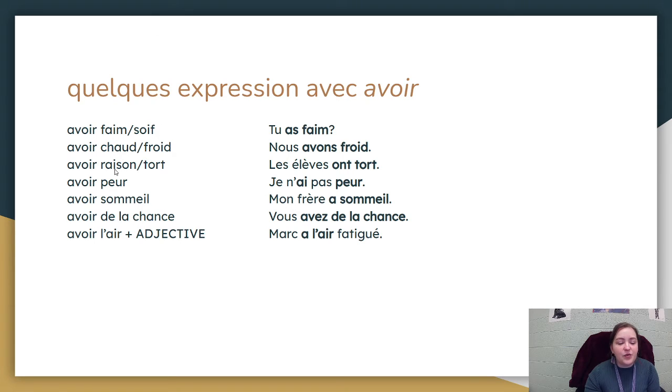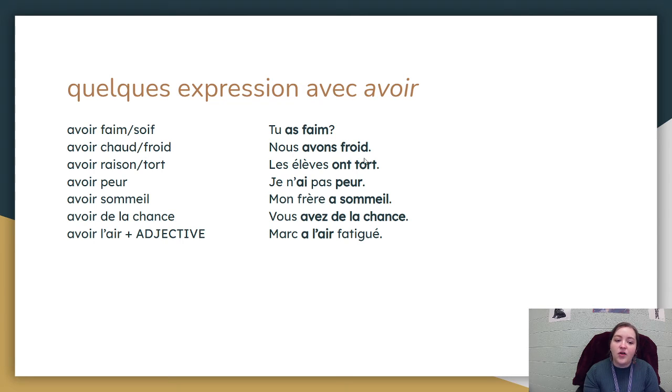Kind of looks like the word reason, right? To have reason. And then avoir tort. Avoir tort means to be wrong. The opposite. To be wrong. And then les élèves ont tort.